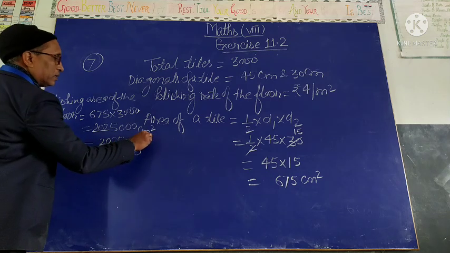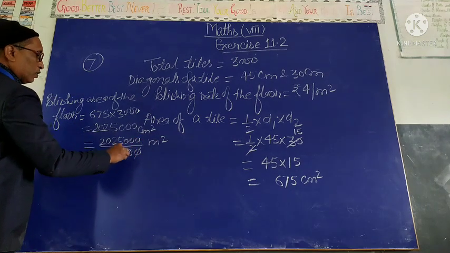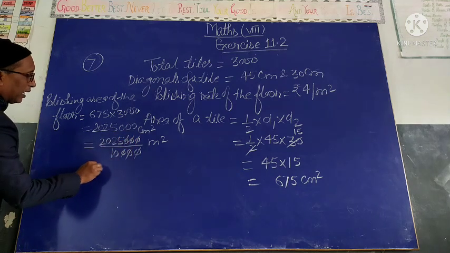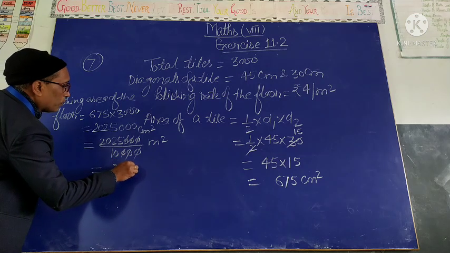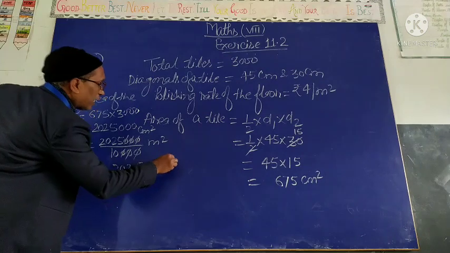You get, that is meter square, 0 is cancelled here, and then your answer is 202.5 meter square.